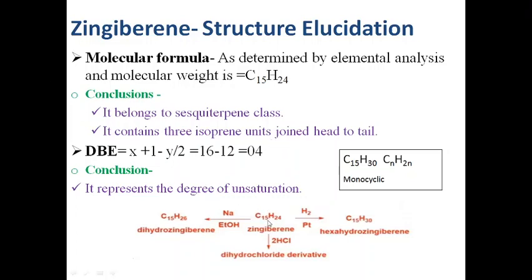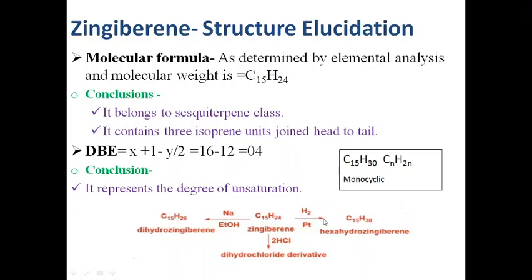Next we come to the nature of unsaturation which is present in gingiberine, which is done by the following experiment. Gingiberine is subjected to hydrogenation in the presence of platinum, and we get hexahydrogingiberine.